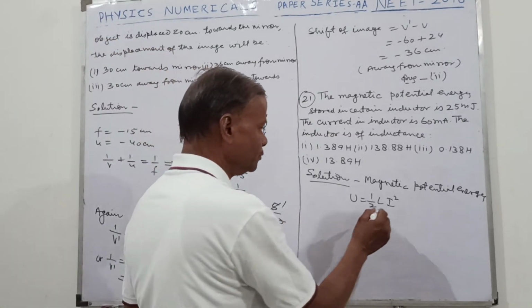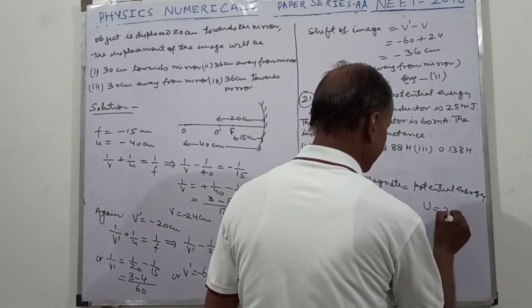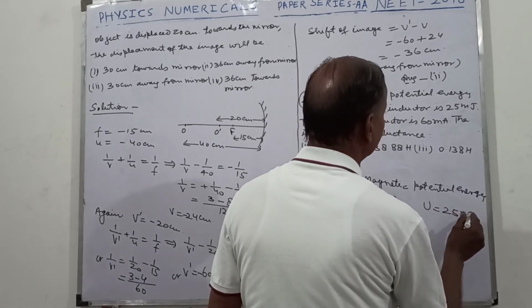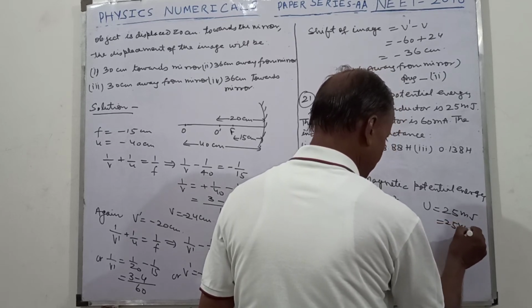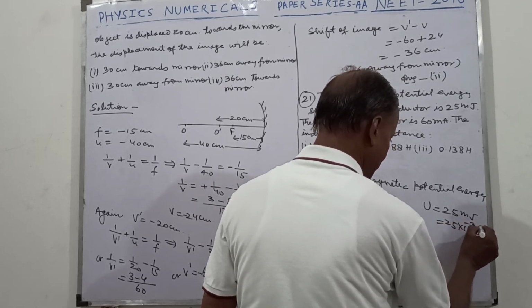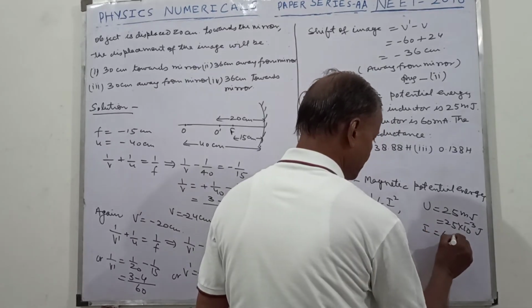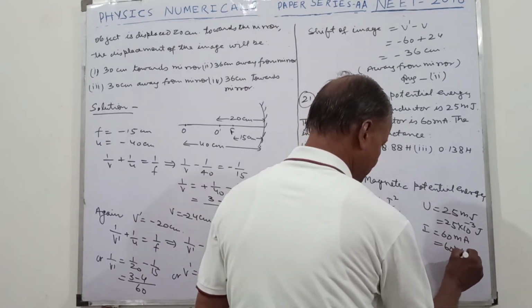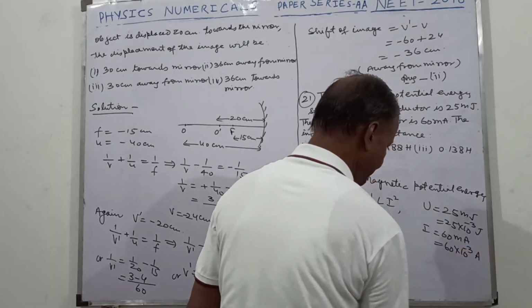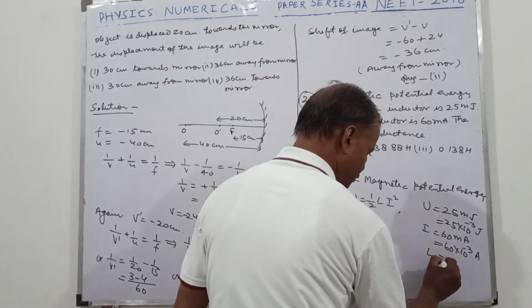You are given U that is given to be 25 millijoule. So 25 into 10 to the power minus 3 joule. I is given to you 60 milliampere. So 60 into 10 raised to the power minus 3 ampere. You have to find the L.